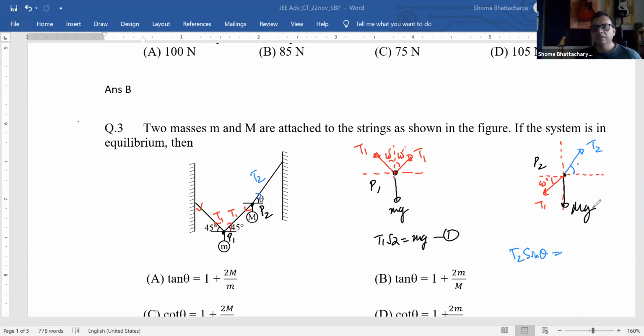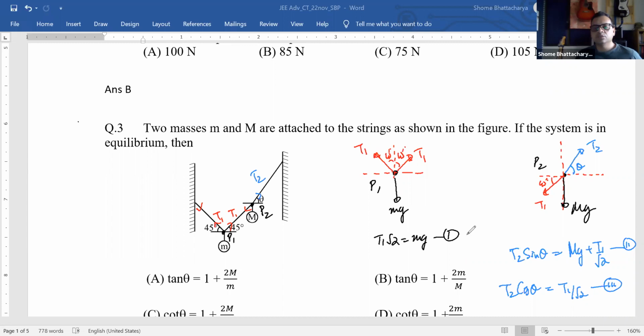So okay, T2 sin theta is the vertical component, so that will balance capital Mg. Okay, so again I have to be careful with the symbols. Yeah, so that is balancing capital Mg plus T1 sin 45 or T1 by root 2. So that's your second equation. And T2 cos theta, which is the horizontal component of this one, that should just balance T1 by root 2. So that is your third equation.